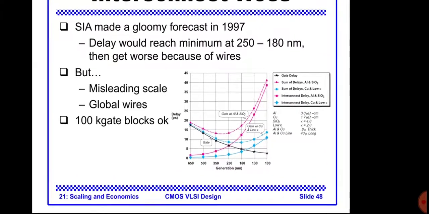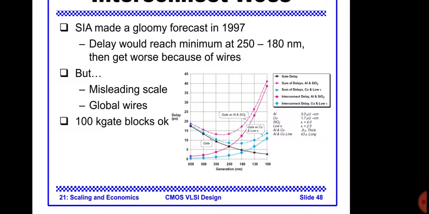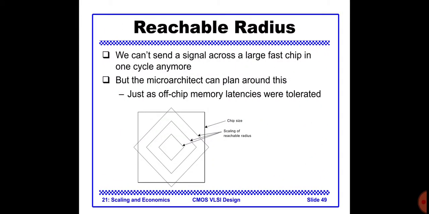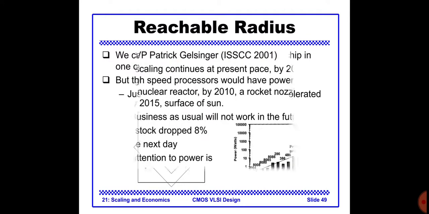The gate delay, sum of delays, and interconnect delays. The reachable radius: we cannot send a signal across a large fast chip in one cycle anymore, but the microarchitect can plan around this, just as off-chip memory latencies were tolerated.